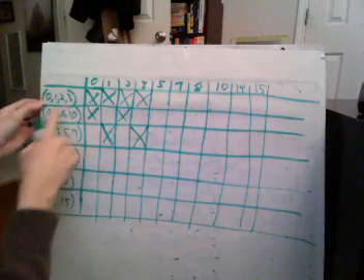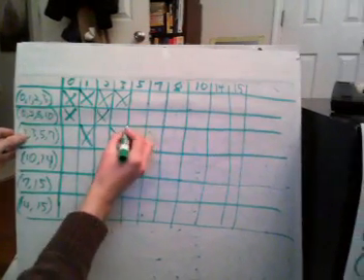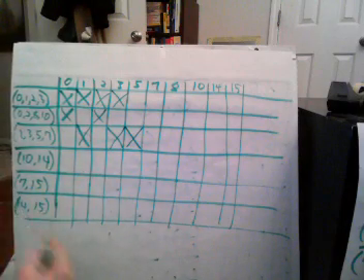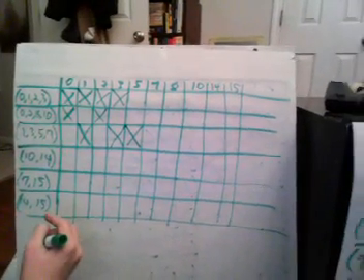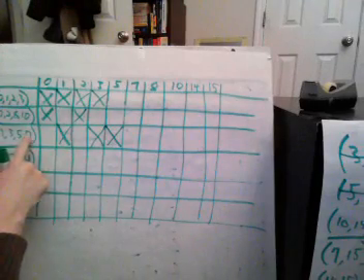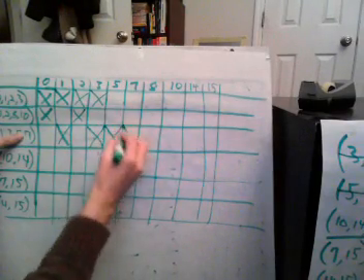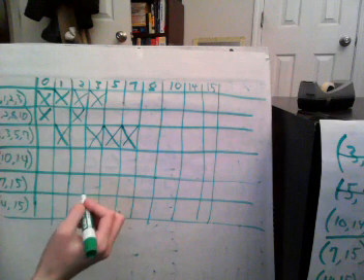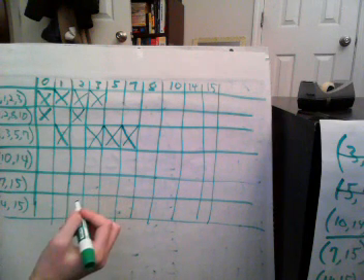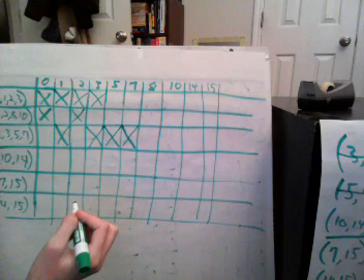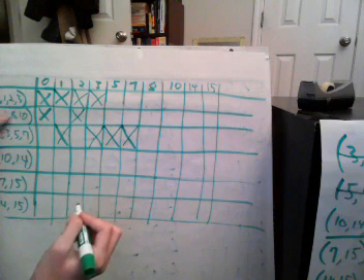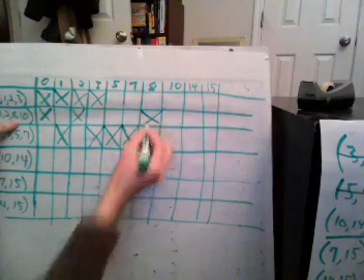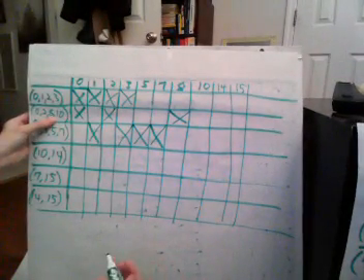We look at 5s, not that one, not that one. This one has a 5. This one does not, this one does not, that one does not. We look for 7s. So this has now got a 7 in it. So we mark an X over the 7. None of the others have 7s. We look for an 8. So we go back to this one. It has an 8 in it, so we mark the 8.